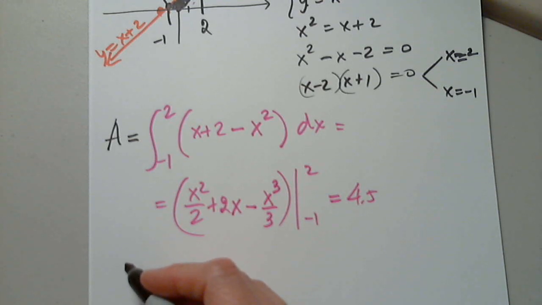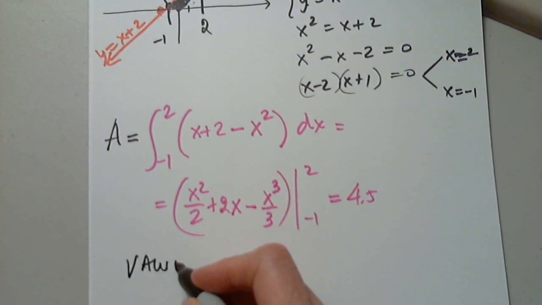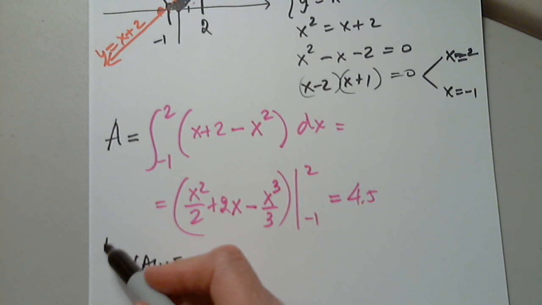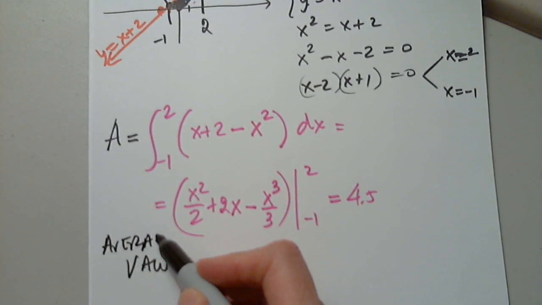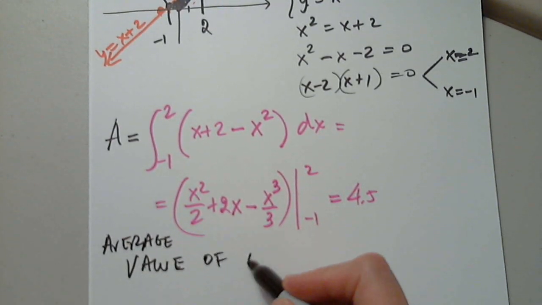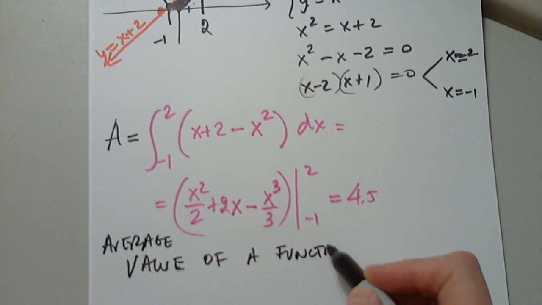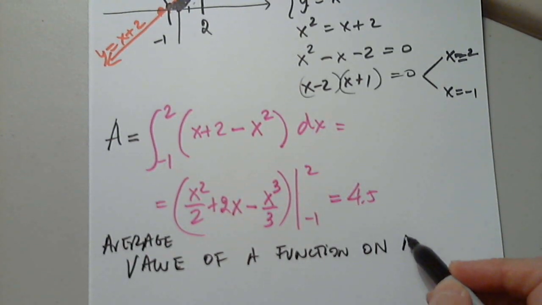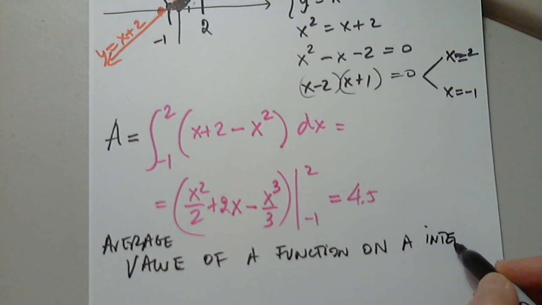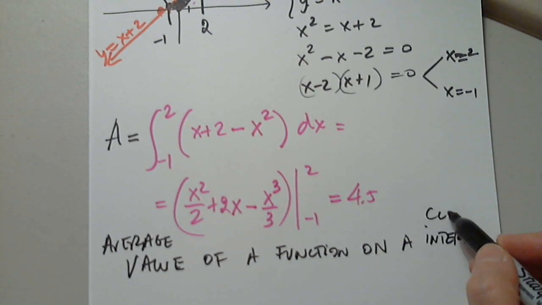So, average value of a function on an interval, of course, closed.